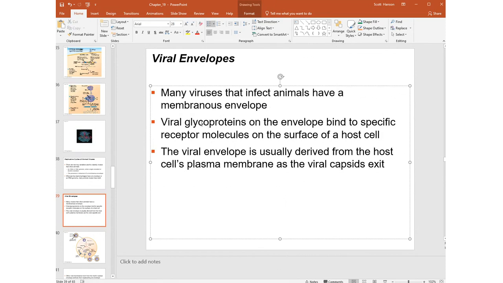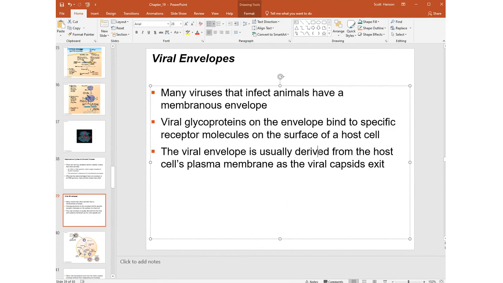And so glycoproteins are basically proteins that have a sugar or a carbohydrate chain that's attached to them. Usually large, complex proteins with some sort of carbohydrate, that is sugar chains, attached to them.